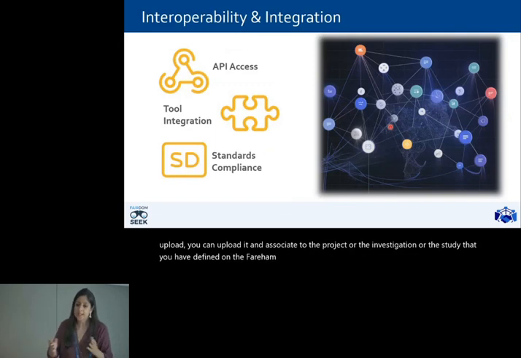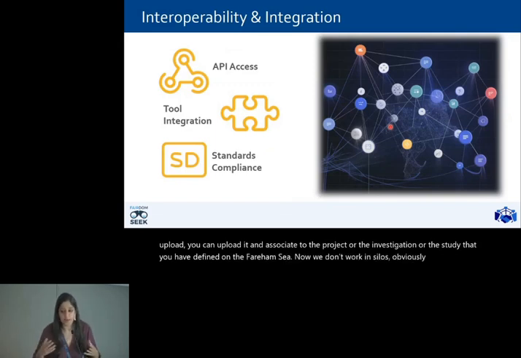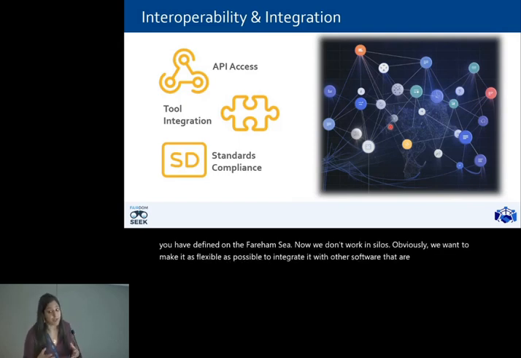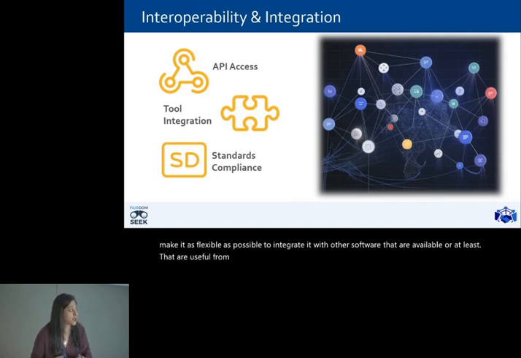Now, we don't work in silos, obviously. We want to make it as flexible as possible to integrate with other software that are available, or at least that are useful from the FAIR asset management point of view.